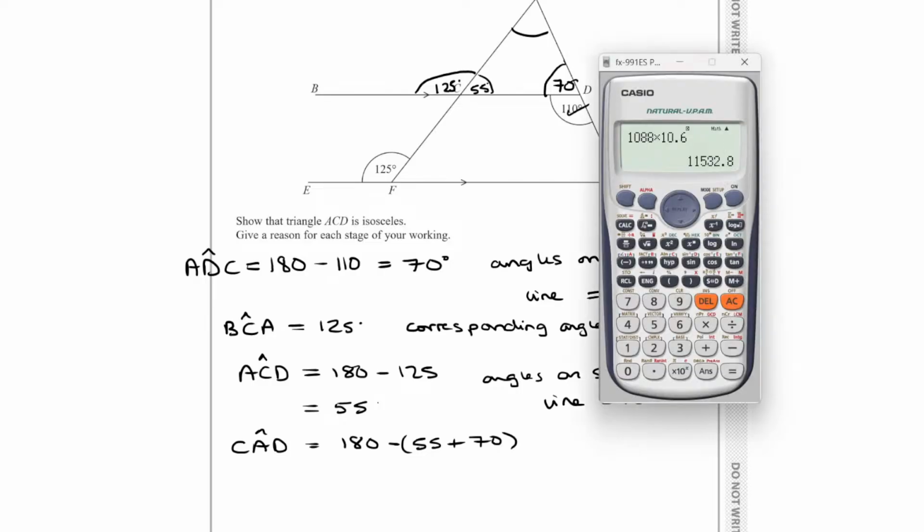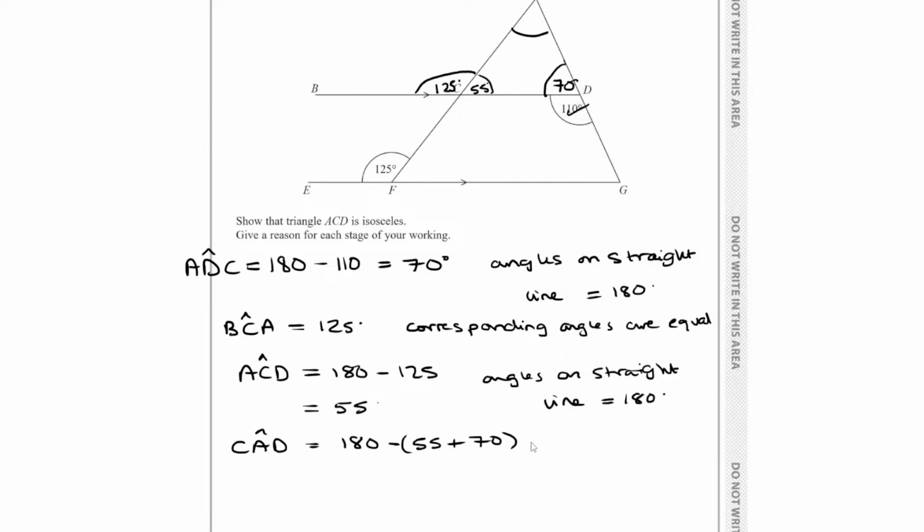So if I show you on the calculator, 180 minus 55 plus 70. This is where I'm hoping that this answer will be the same as one of the other 2. Yeah, can you see how I've got 55 again? Which is 55 degrees, and you say angles in a triangle add up to 180 or are 180. That's your reason, isn't it, there?